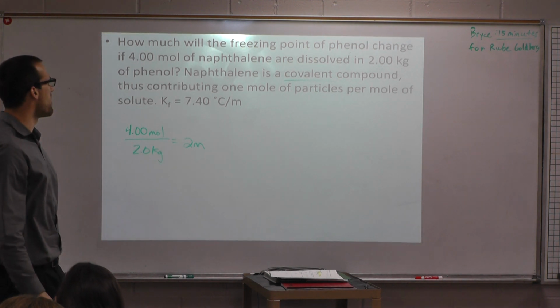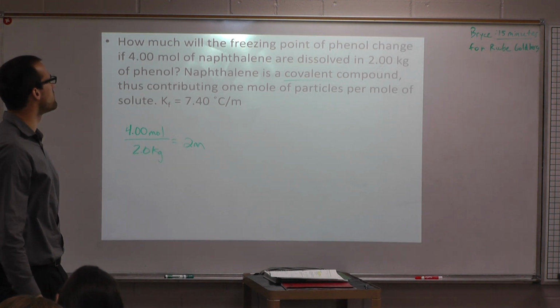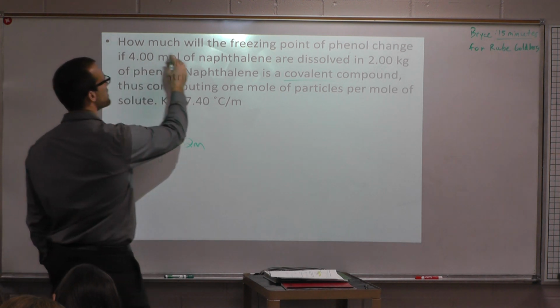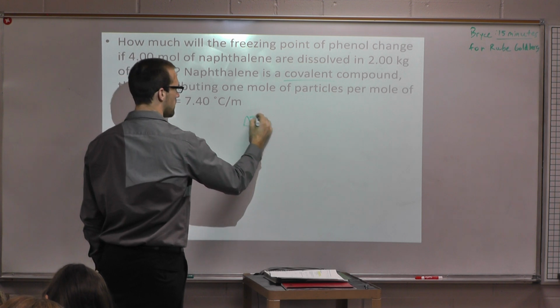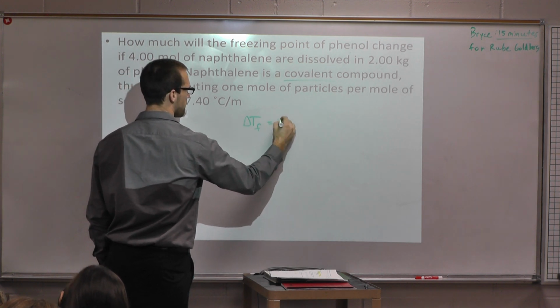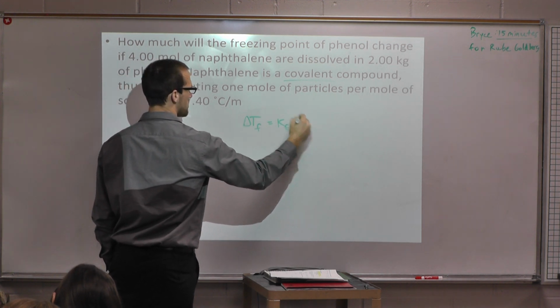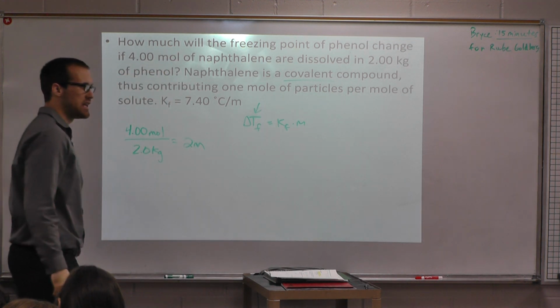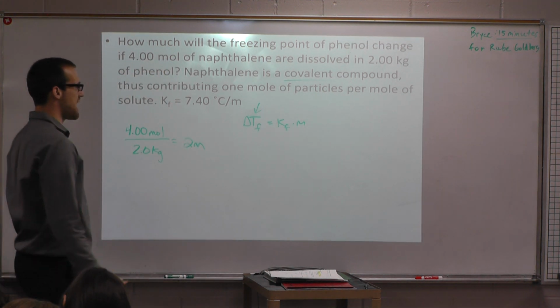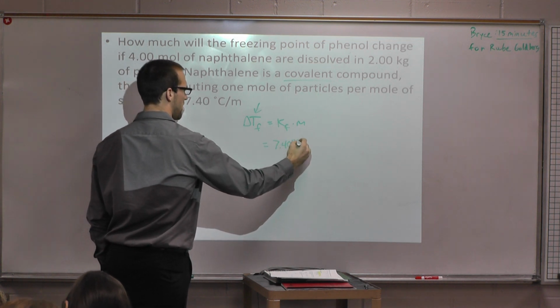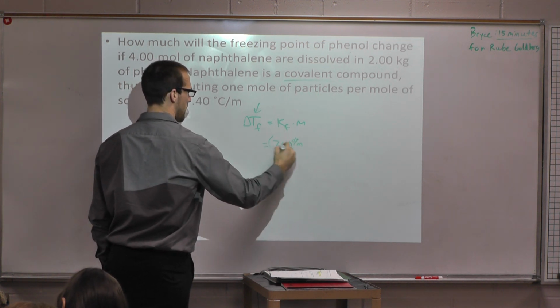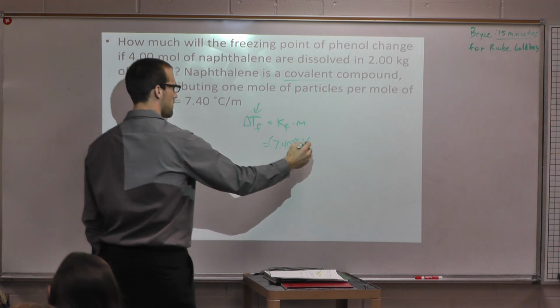Then what are we solving for here? How much will the freezing point change? So we're solving for this because it wants the change. They gave us KF. Is this any different than the previous problem? 14.8.